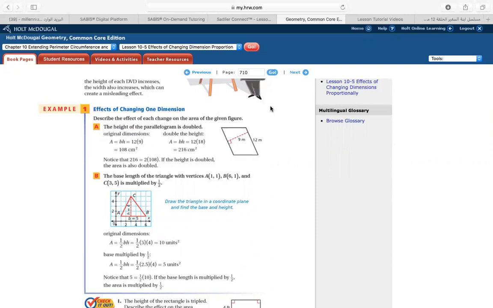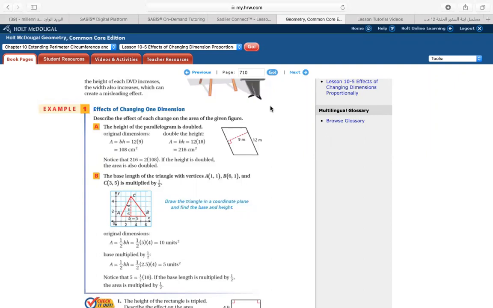The main idea of this lesson is that I have a triangle or any shape. I'm going to get its original area, and then a change will happen to this triangle: its height or its base will be doubled or tripled.